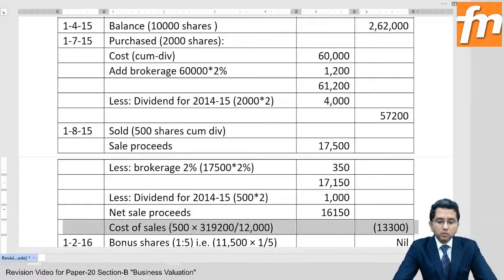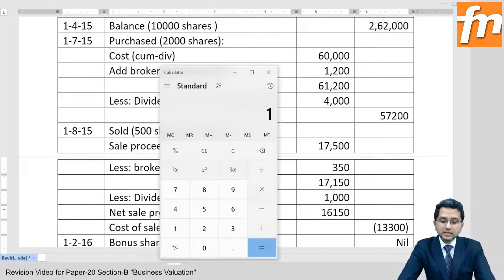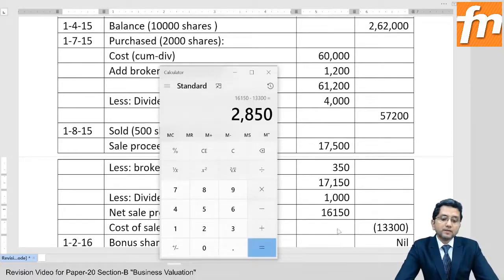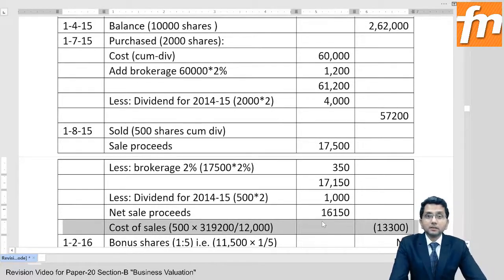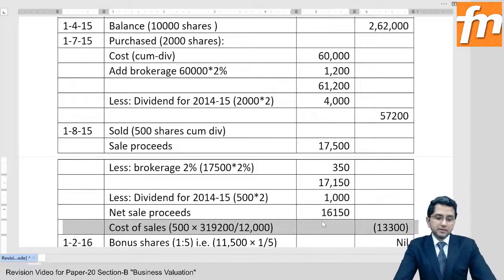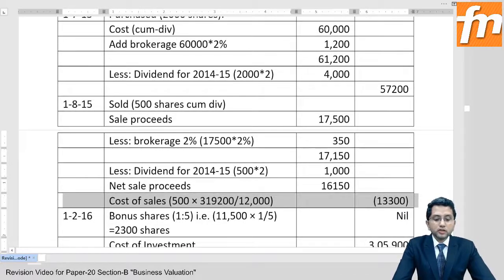The difference amount, 16,150 minus 13,300, profit is 2,850. Currently, we are not calculating profit. Currently, we are calculating cost of remaining investment. So it should be deducted at 13,300 because that's the cost of sale.